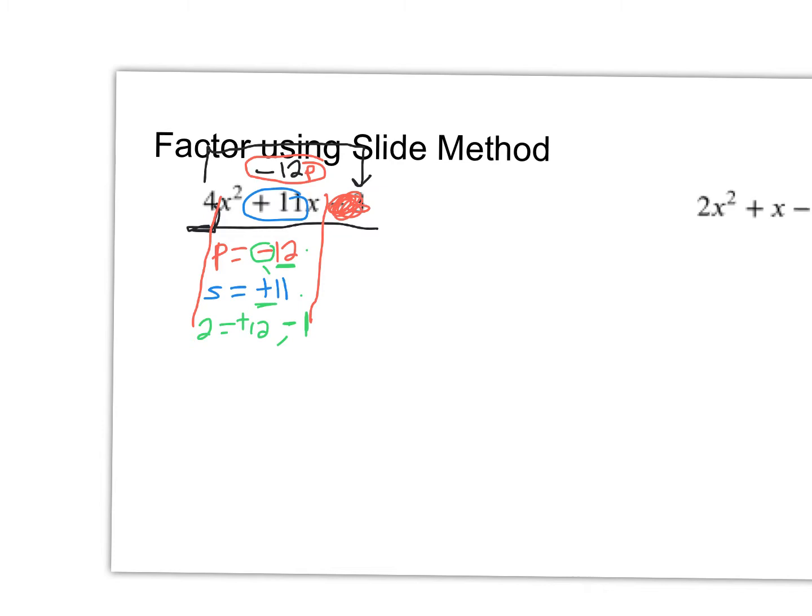Now, like I said, if you're not sure, do your check. 12 times negative 1 is negative 12. 12 minus 1 is positive 11, so you know you're good. That's a parenthesis up: x plus 12, x minus 1. And now don't forget, since we did the slide, we have to divide.